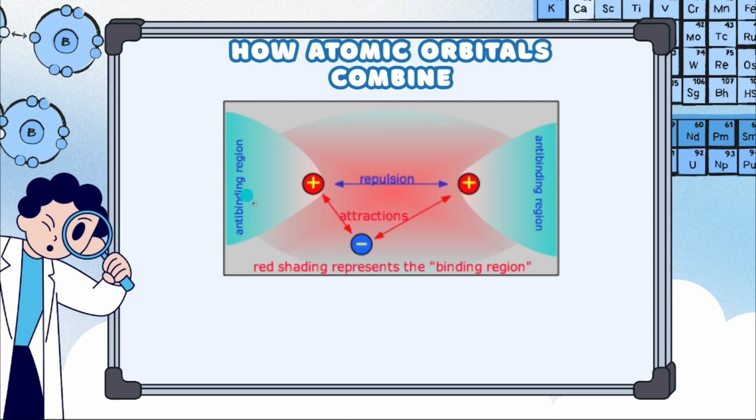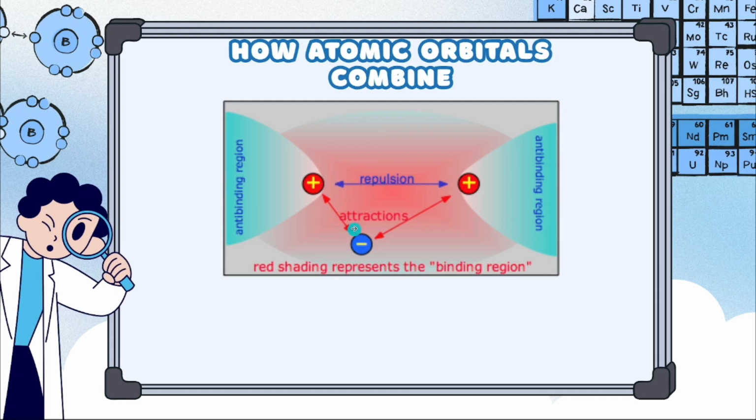The blue areas on the sides are antibonding regions where there is very little to no density. If electrons occupy these regions, as in antibonding orbitals, the molecule becomes unstable because there is not enough electron density between the nuclei to hold them together.